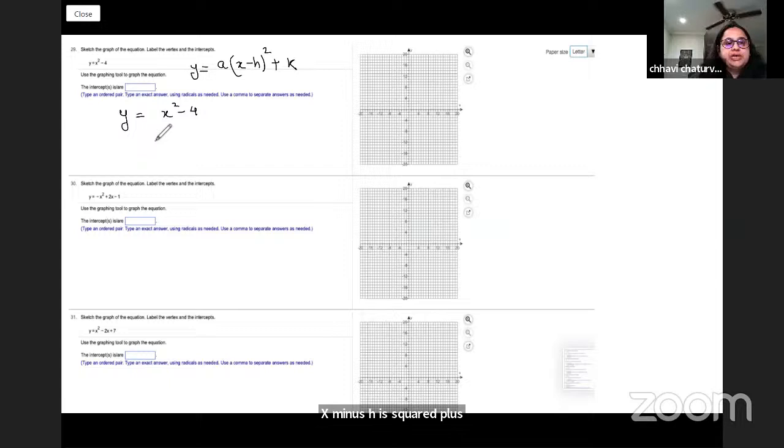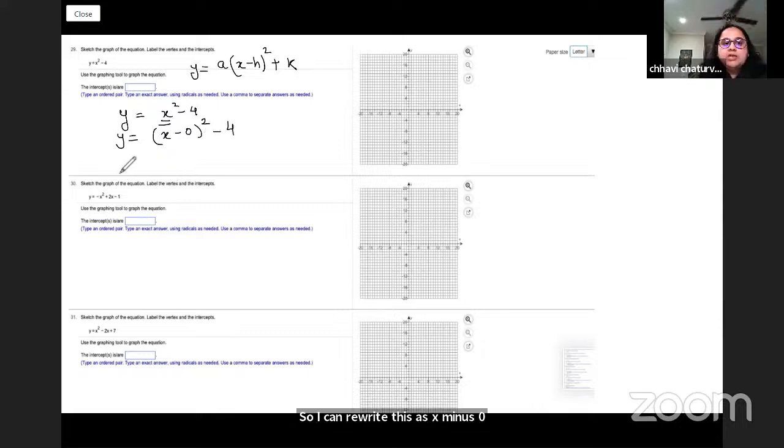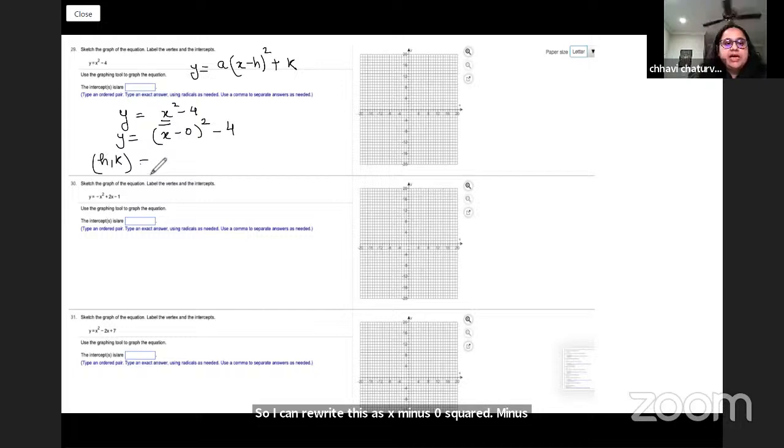Now, what's your h here? I don't see anything being subtracted from x inside the parentheses, so I can rewrite this as (x minus 0) squared minus 4, which gives me the values of h and k as 0 and negative 4.